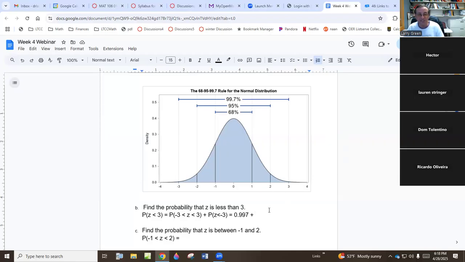Do you see how that little geometry works? So what we're going to do now is say 1 minus 0.997. That'll give us the left and the right. But if I want just the left, what do I have to do? If the left and the right are the same and I got the left and the right, how do I get just the left? Yeah, divide by 2.